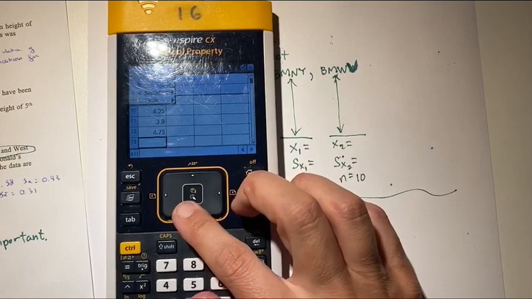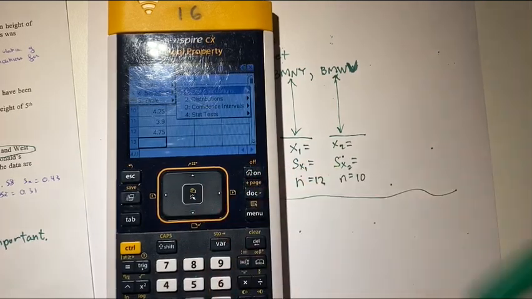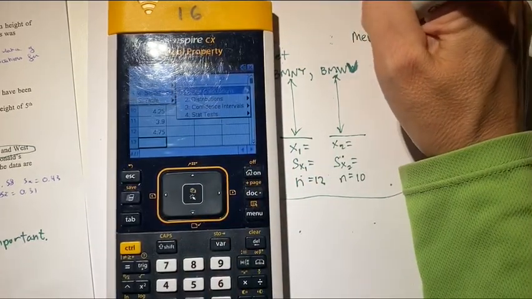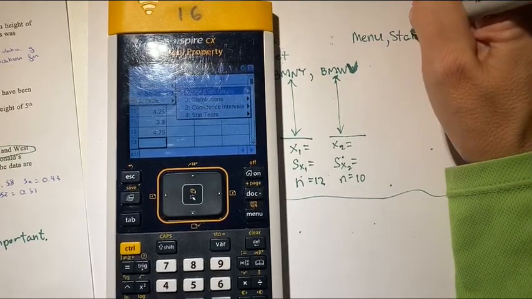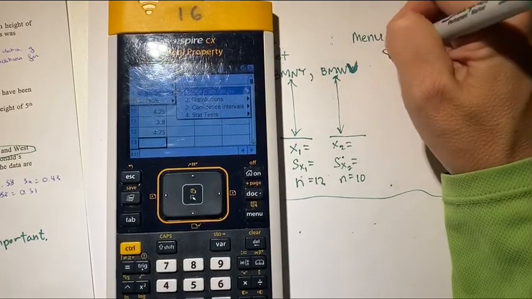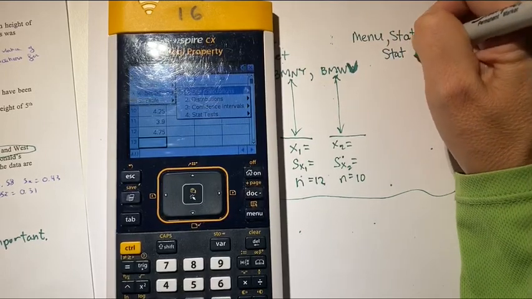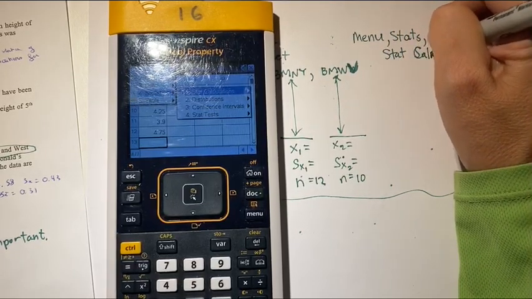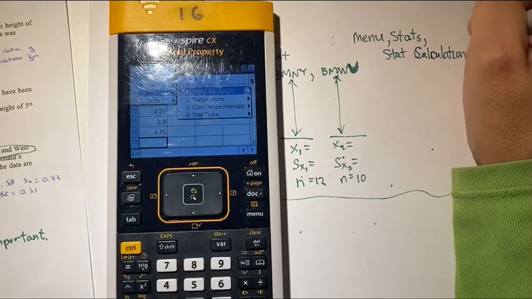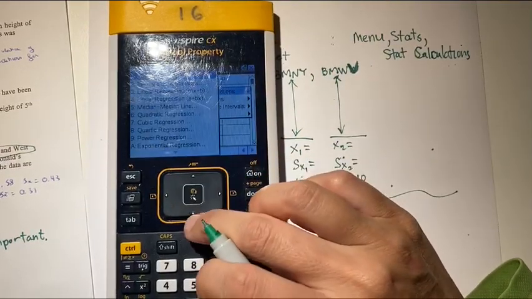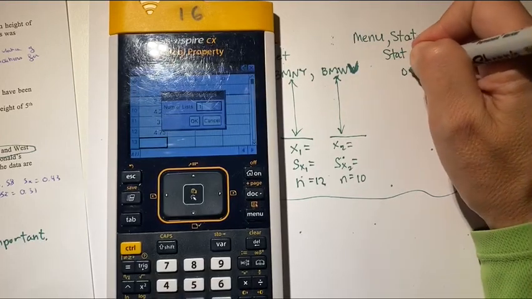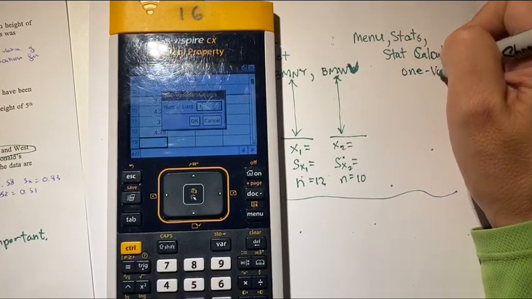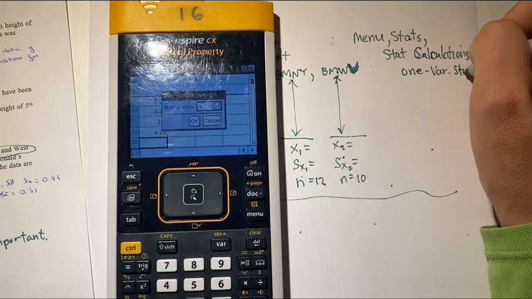So I'm going to go to Menu, Stats, Stat Calculations. All right. And this is one variable stat. As it stands right now, I only put one variable in. One variable stat.